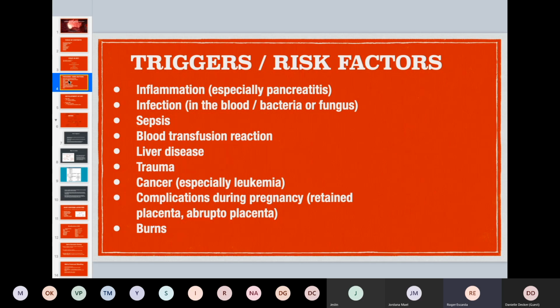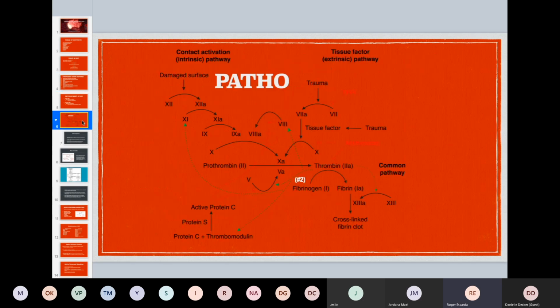The reason here is cancer cells, if you were listening to the pathophysiology, when tissue factor is released, that triggers the clotting cascade. Tissue factor is a normal protein produced by an injured vessel.